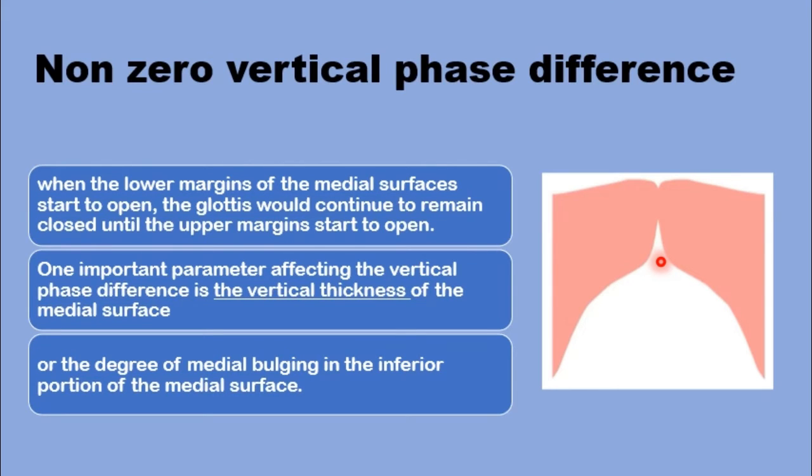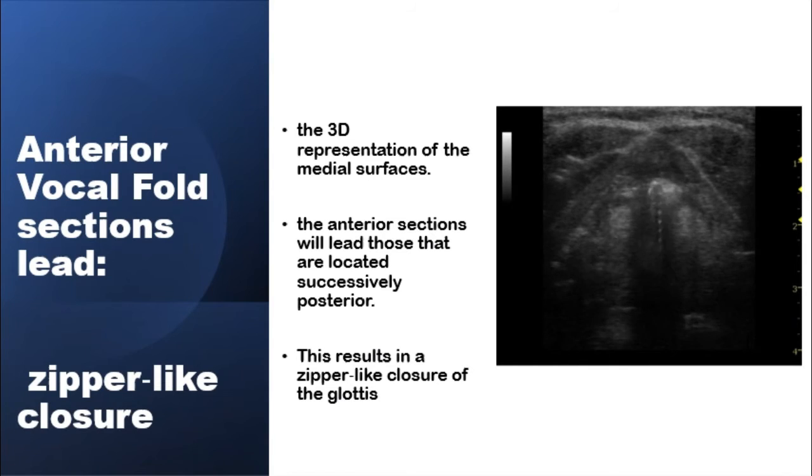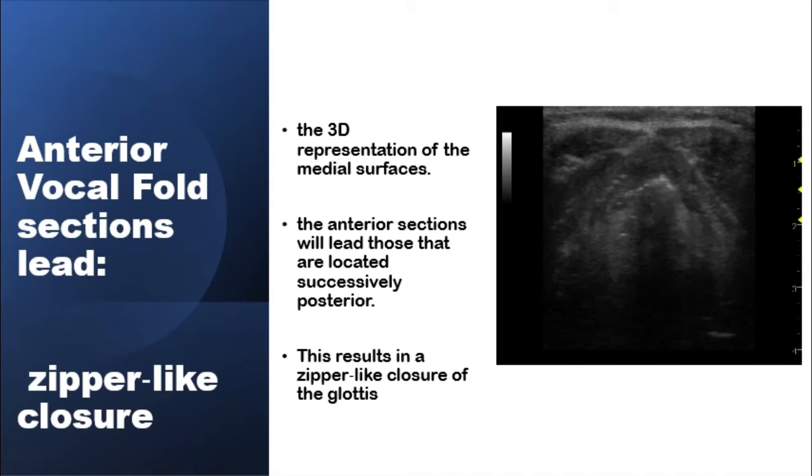The phase difference is in turn affected by the vertical thickness of the medial ends of the vocal folds and also by the medial bulge of the inferior part of the medial adducted vocal folds. A similar phase difference is also noted during the convergence and divergence of the medial ends of the surface of the adducted vocal folds.